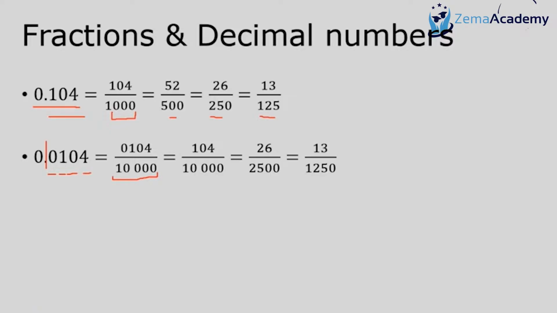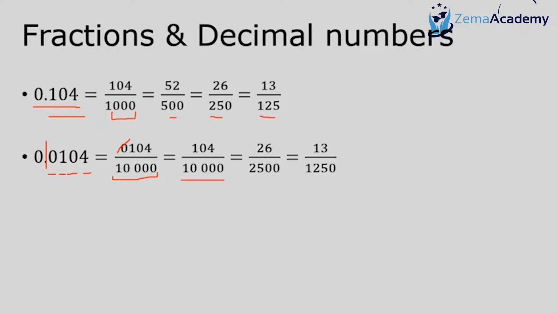Now, again, the smart ones among you may have noticed this zero isn't doing anything anymore. We don't have a decimal point to keep it after. It's just dead, so we don't need it. So that becomes 104 over 10,000. And again, we simplify and take it down to eventually get 13 over 1,250, and that's our fraction.